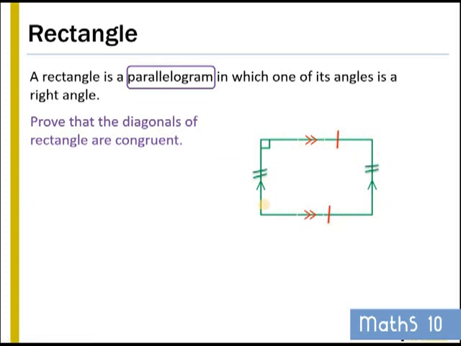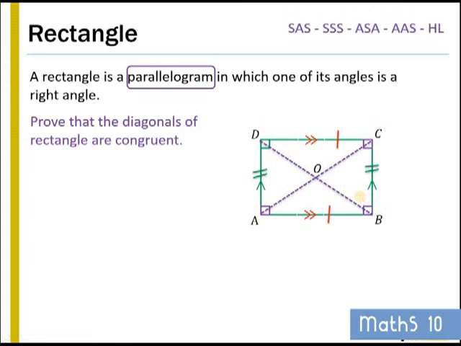Prove that the diagonals of a rectangle are congruent. First of all, let's fill in the other right angles. If we draw in the diagonals AC and BD, we want to prove that the length AC is equal to the length BD. Again, we'll use congruent triangles to prove this.